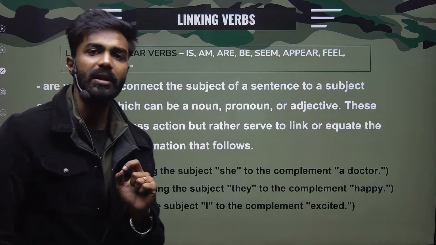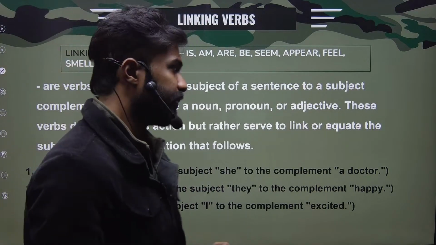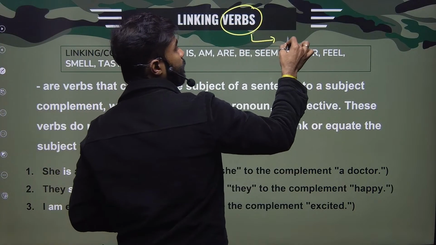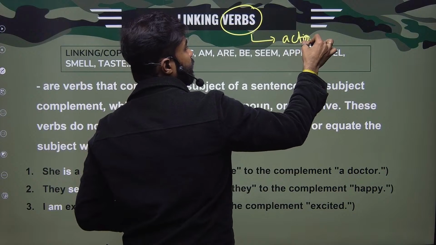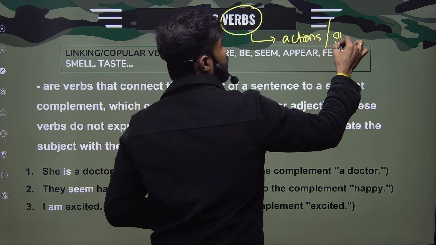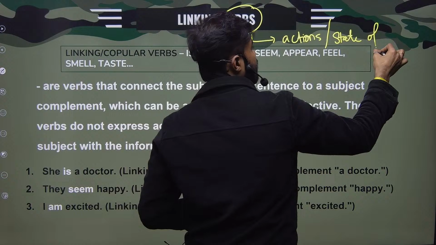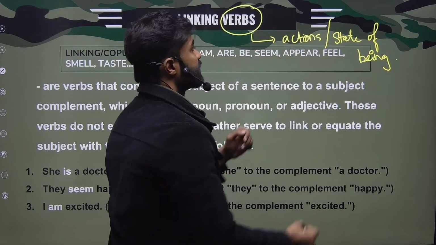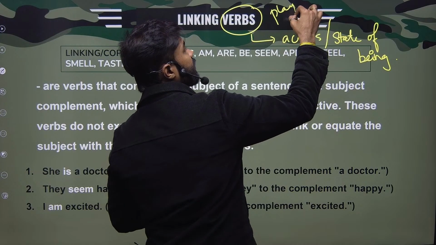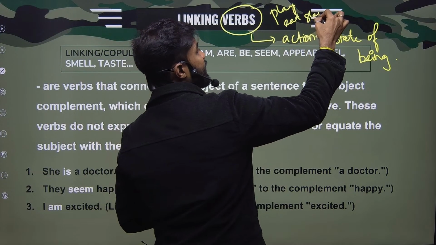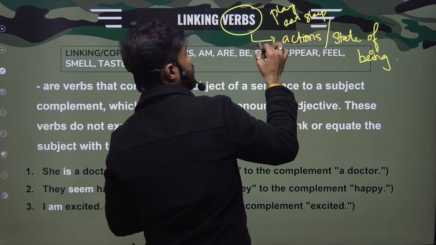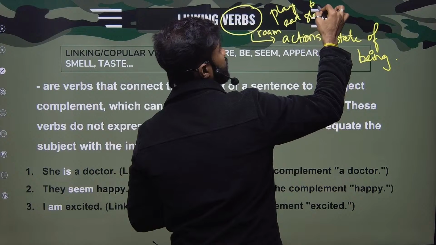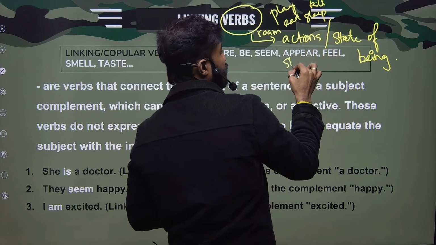First, let us have a look at linking verbs. What are linking verbs, sir? See, first of all, verbs mean actions or state of being. Actions, for example, play, eat, sleep, roam, kill, shoot.